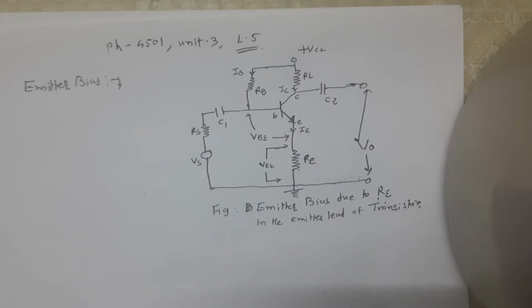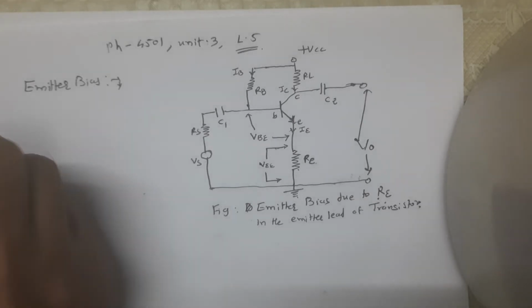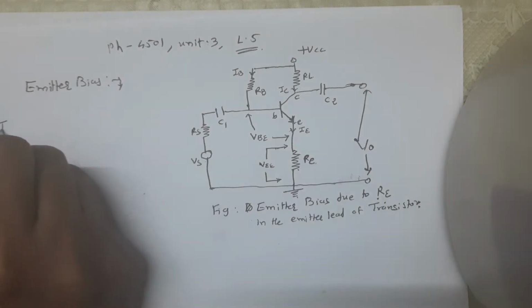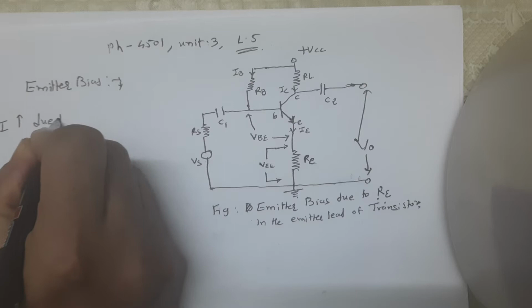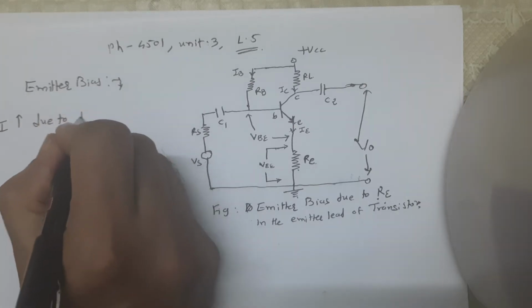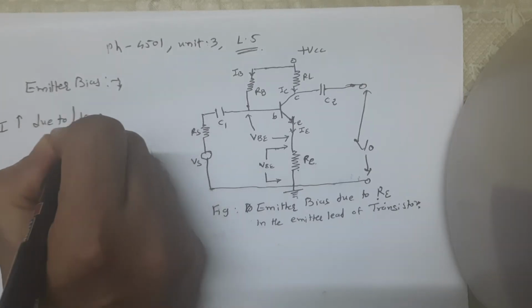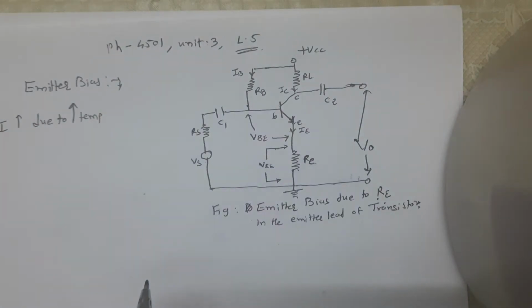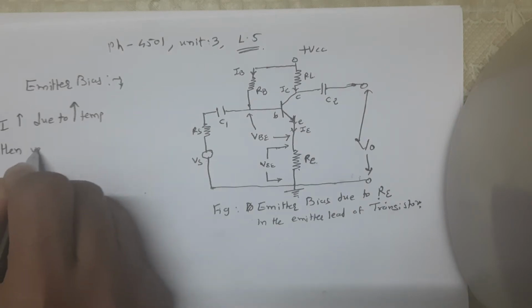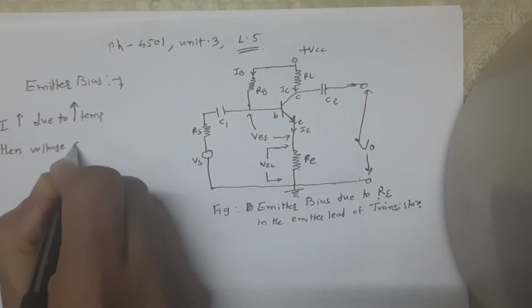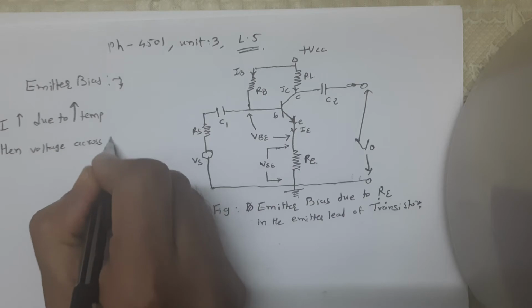Now, if IC tends to increase due to the increase in temperature, then the voltage across Re increases.